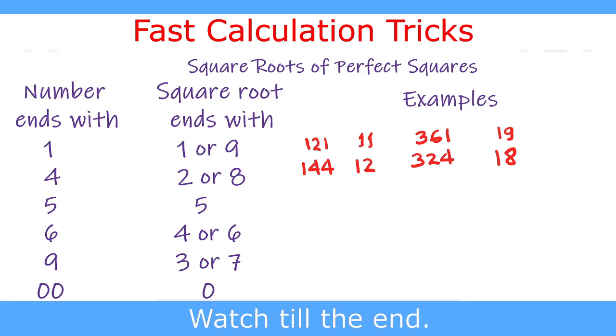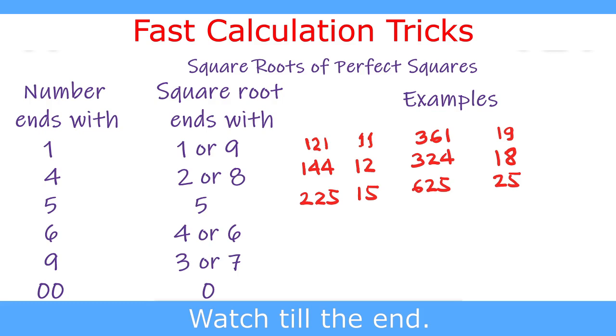Our next example is 225. 225 is a perfect square and ends with 5, and its square root is 15, which also ends with 5. Another example is 625. 625 is a perfect square, ends with 5, and the square root of 625 is 25. So whenever a number is a perfect square and ends with 5, then its square root also ends with 5.